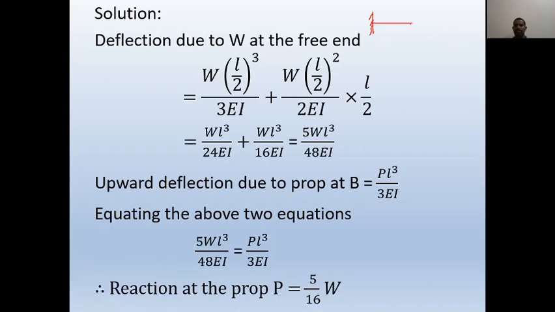We have a cantilever beam with the prop at the end, and exactly at the middle we have a point load W. So this is L by 2 and this is also L by 2. This is the end A and this is end B. Anyhow, we have a diagram on the next page also.